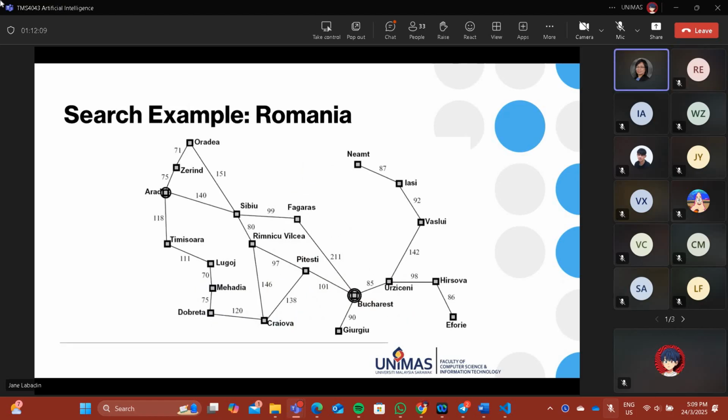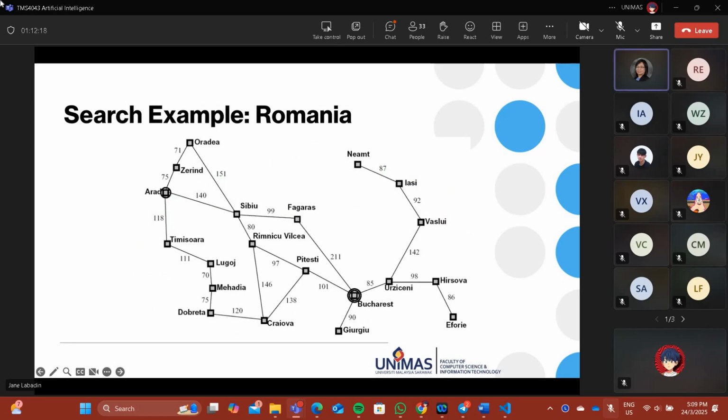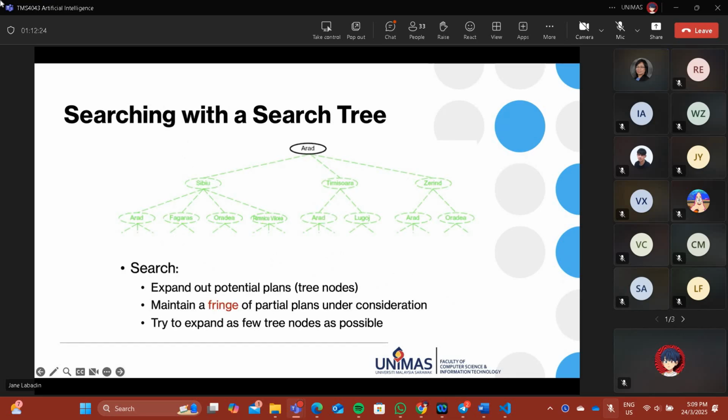So for example, this Romania problem. You start off from Arad. So Arad will go to Zerind, Sibiu, or Timisoara. Then from there, you can have its cities, the next state.